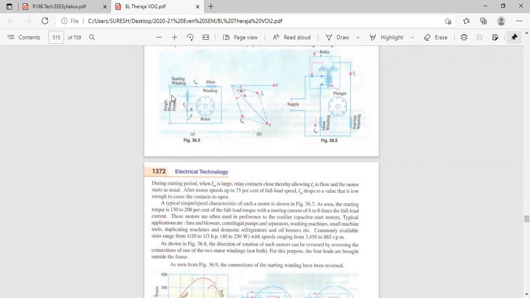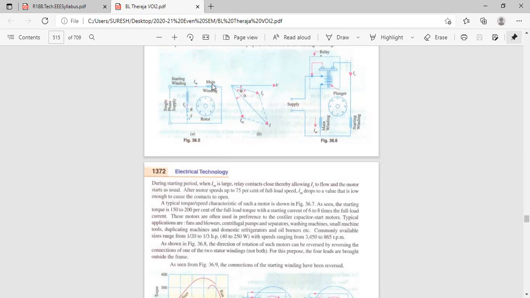Single phase means, in the second unit you studied single-phase circuits. There you have one phase and one neutral. Let us take this is the phase, this will be neutral; otherwise this will be positive, this will be negative. Now let us take this is the stator main winding.